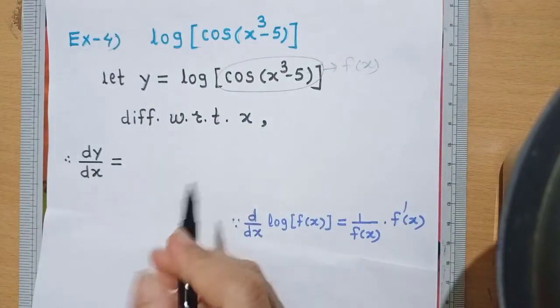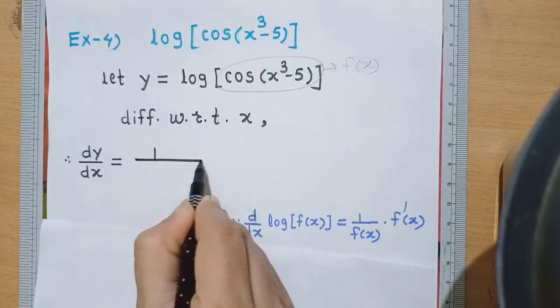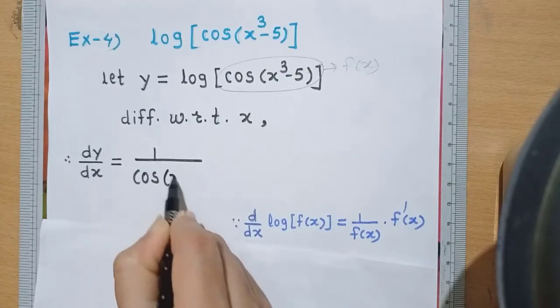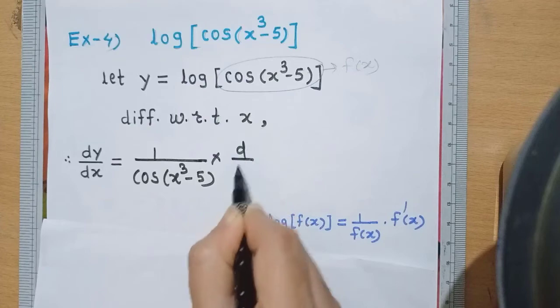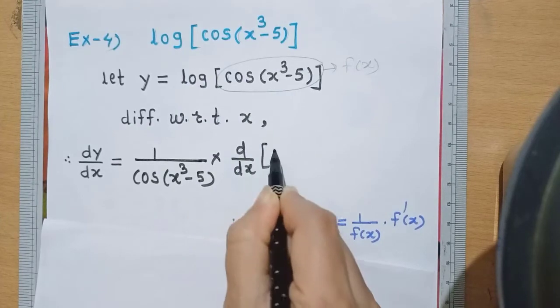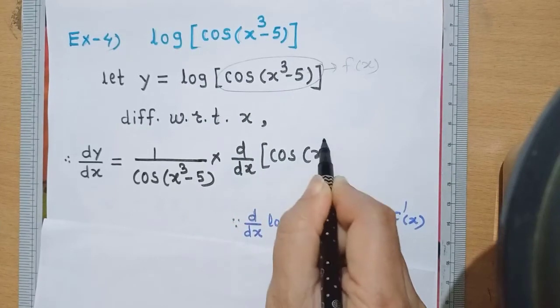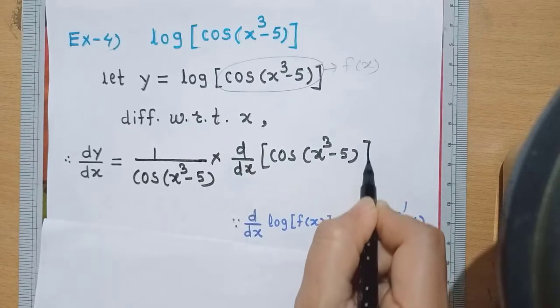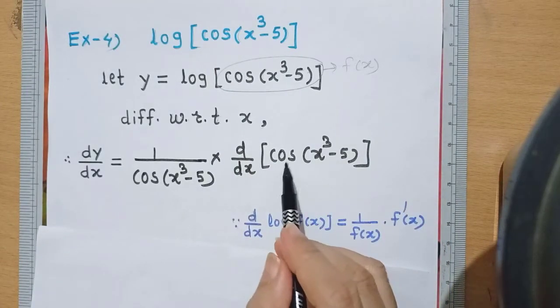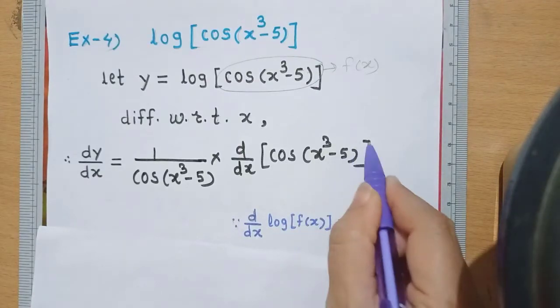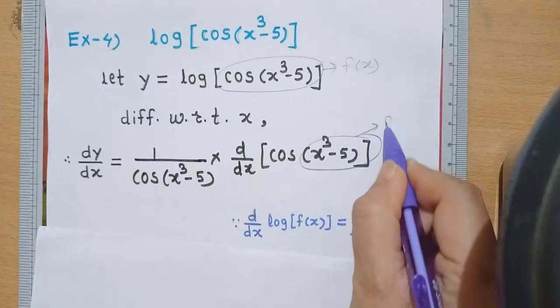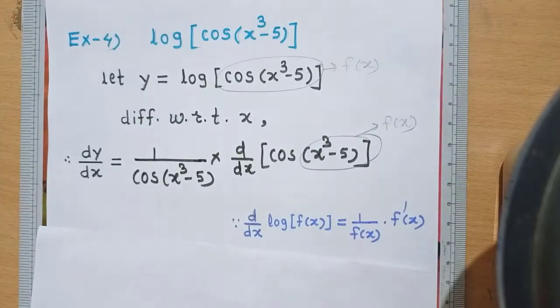So differentiating, we have 1 upon cos of x cube minus 5, and again d by dx of cos of x cube minus 5. Now again we have to use here the cos of f(x) formula. That means we will consider this bracket as f of x.